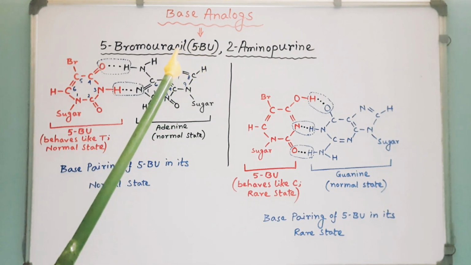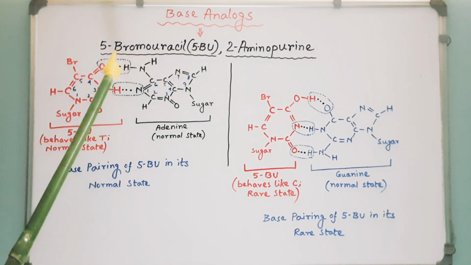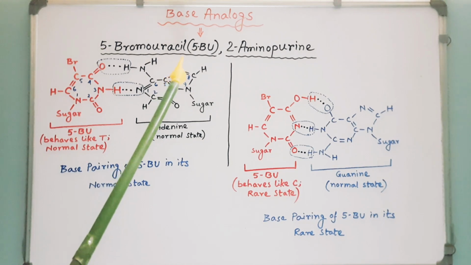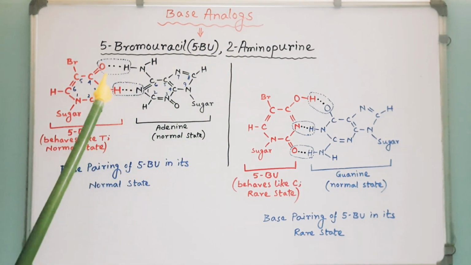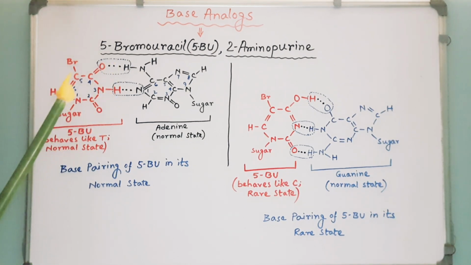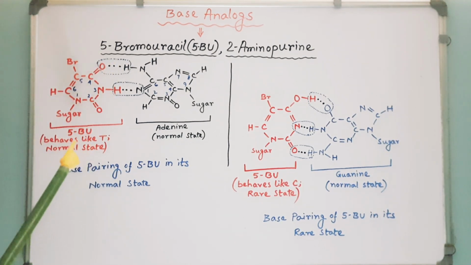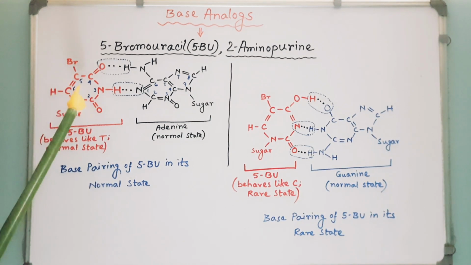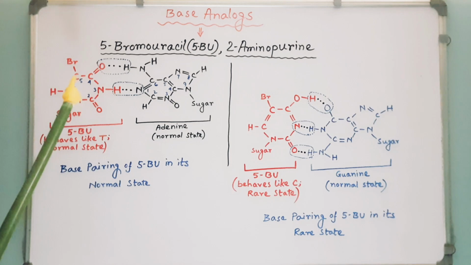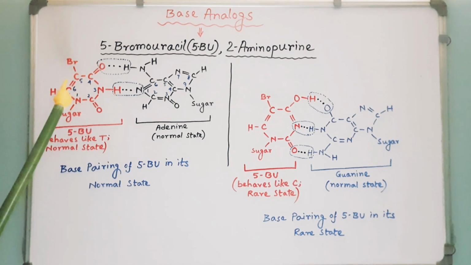Two best known base analogues are 5-bromouracil and 2-aminopurine. The 5-bromouracil is a thymine analogue. The bromine at the 5th position is similar in several respects to the methyl group at the 5th position in thymine.